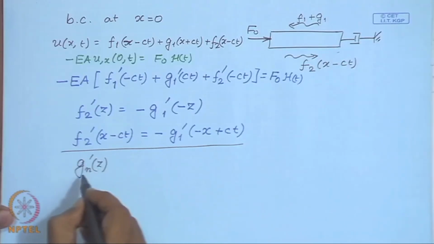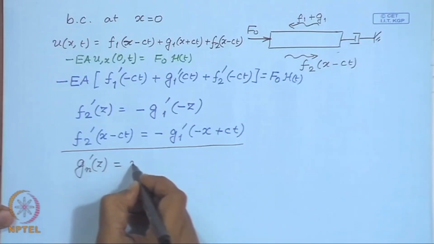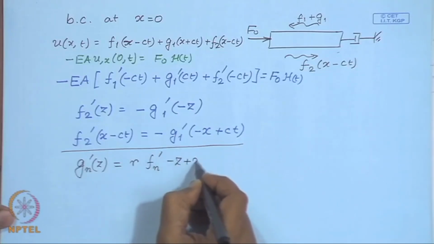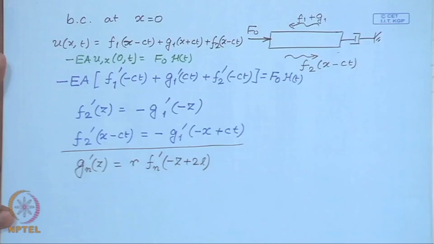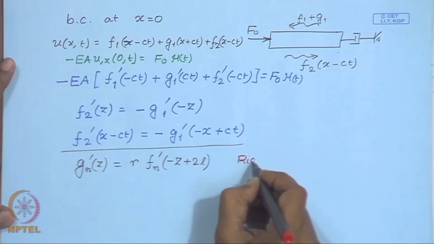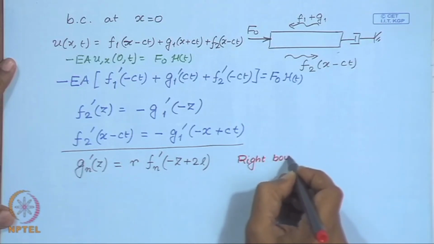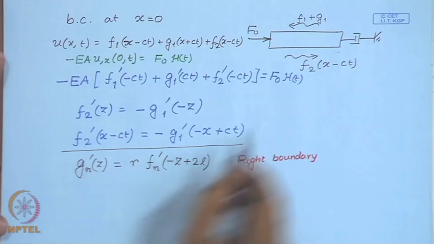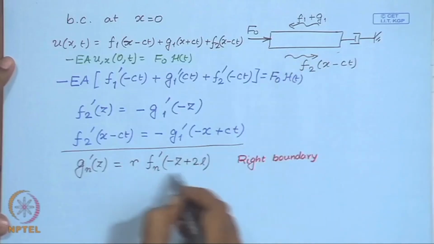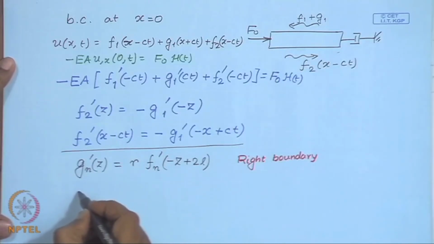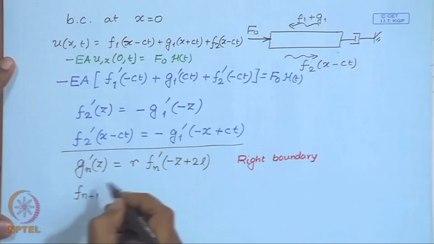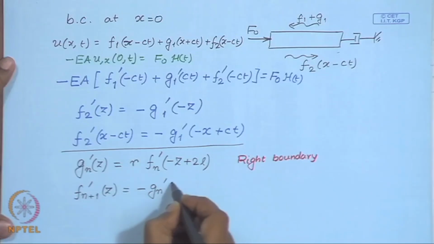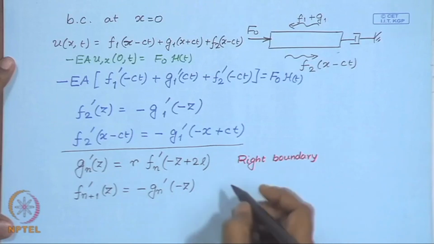It is like this, that at the right boundary, so this is at the right boundary, so the reflected wave that is generated at the right boundary is in terms of the incident wave, and the reflected wave that is generated at the left boundary, so this is for the left boundary.